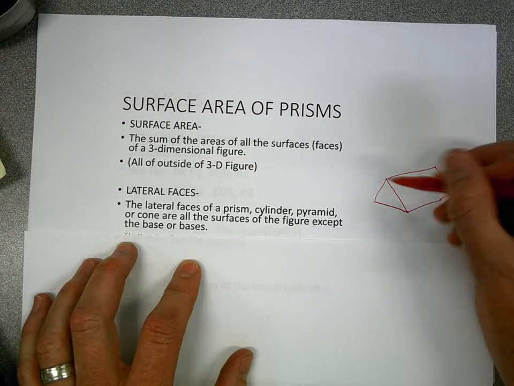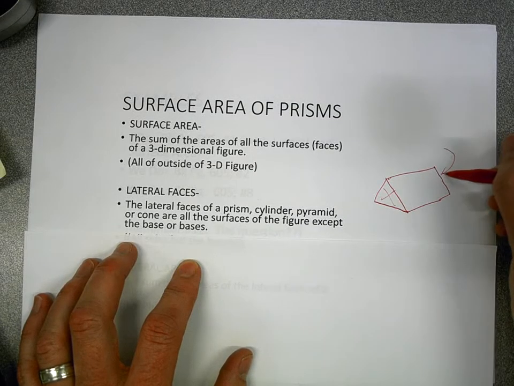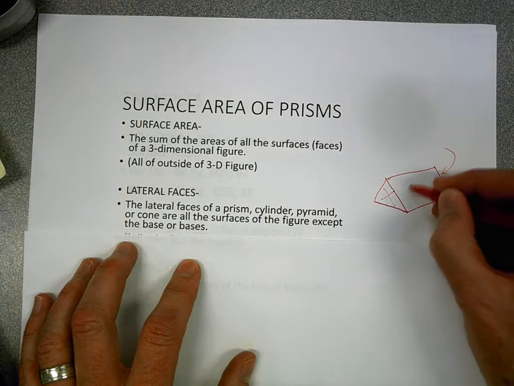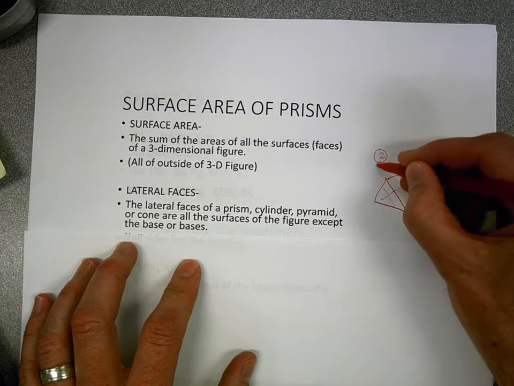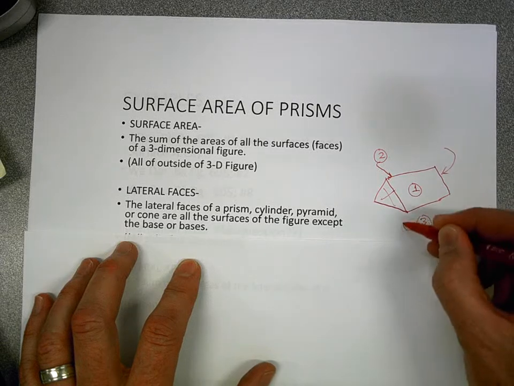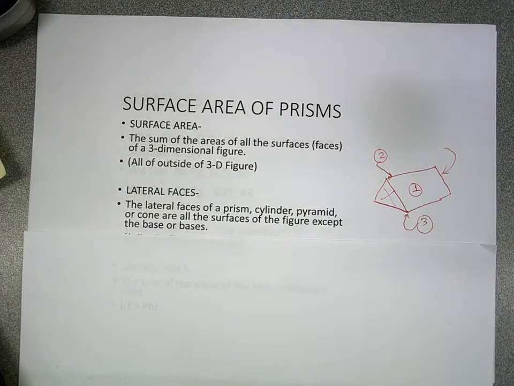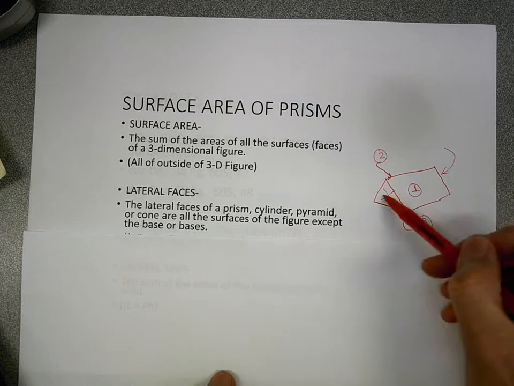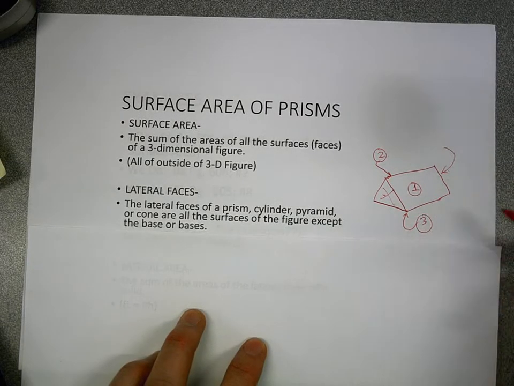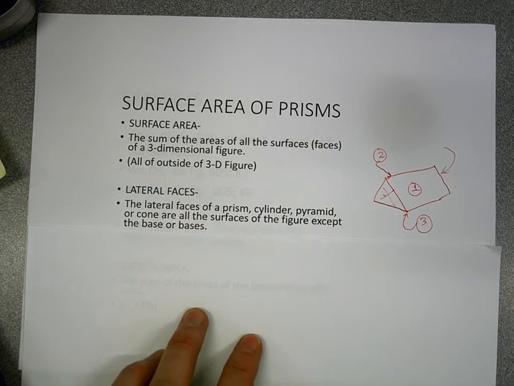So basically, it's not that, and it's not this other side. The lateral faces would be this one right here. It would be this side that we can't see there. And on this triangular prism, it's the bottom. So it's all of them except for the 2 bases. And on a prism, that is, right? Prisms have two congruent, parallel bases. So the triangular prism, those are the three lateral faces.